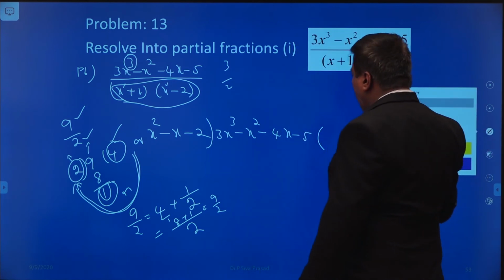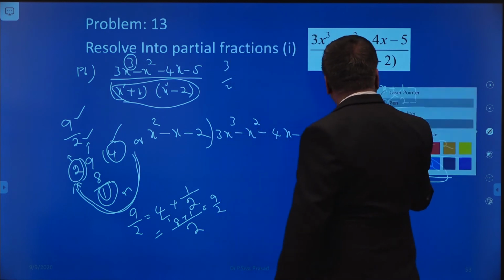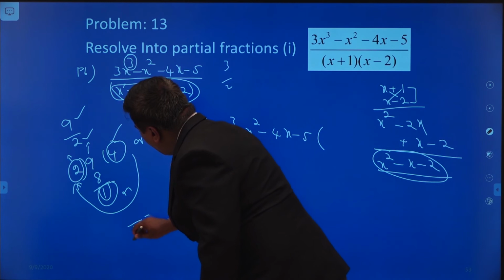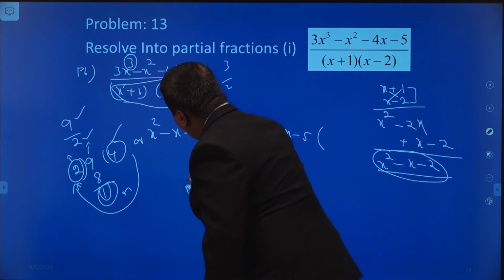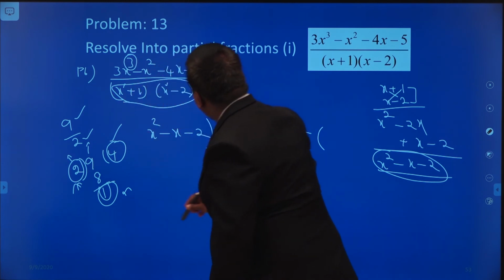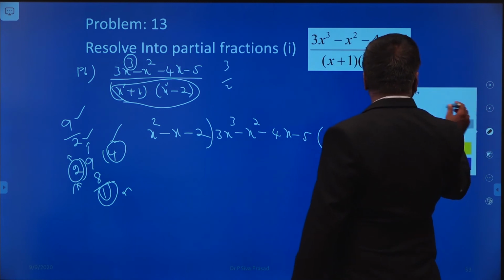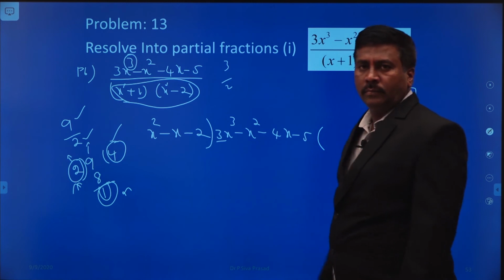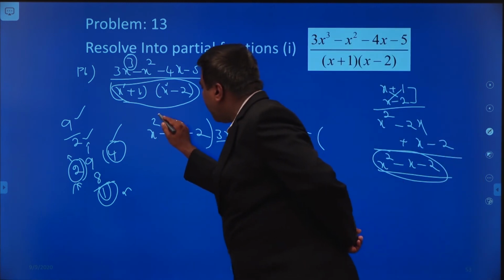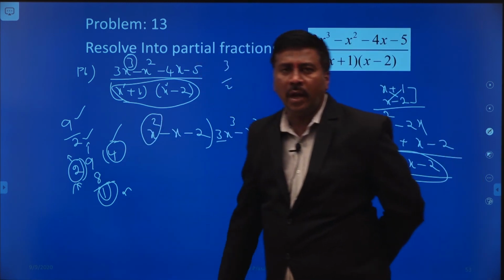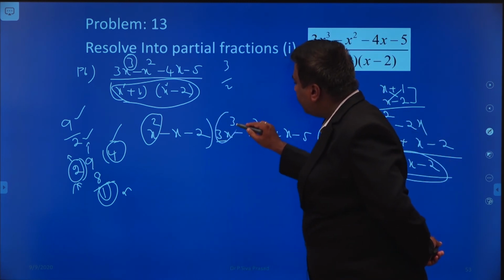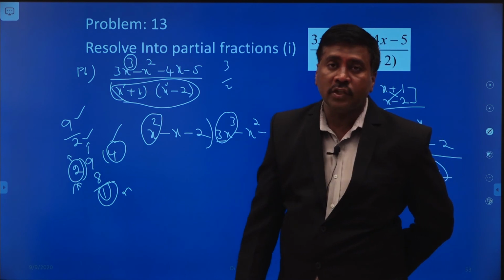Now, I want to apply it here. On which factor, please all of you observe this. On which factor, in the divisor, will we get the same value, that is, 3x cube? This is only our intention. On which factor do we have to multiply the first term of the divisor so that we get this term?